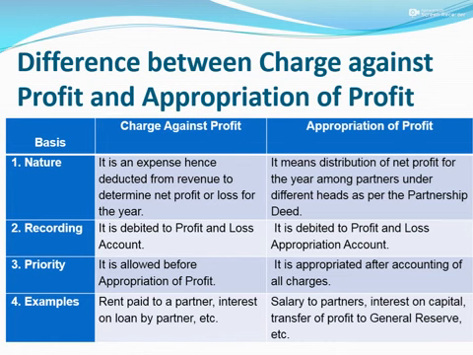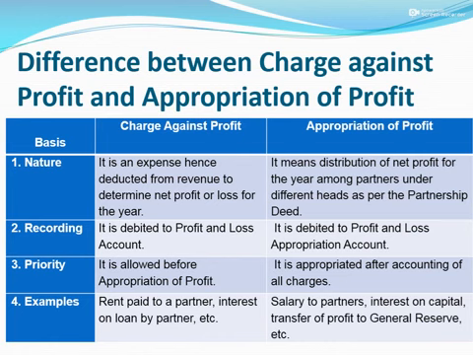Third, priority. Charge against profit: these expenses get priority to be adjusted before the calculation of net profit. Appropriation of profit: they do not get any priority. They will be adjusted after the calculation of net profit, or we can say it is the adjustment of the net profit.